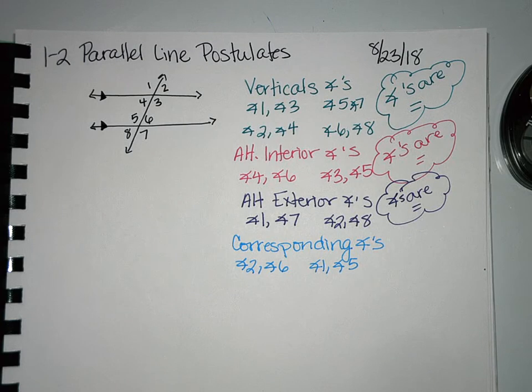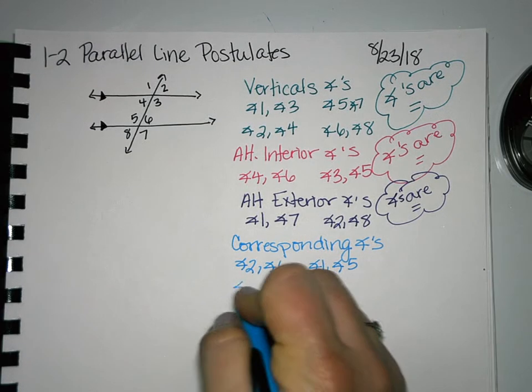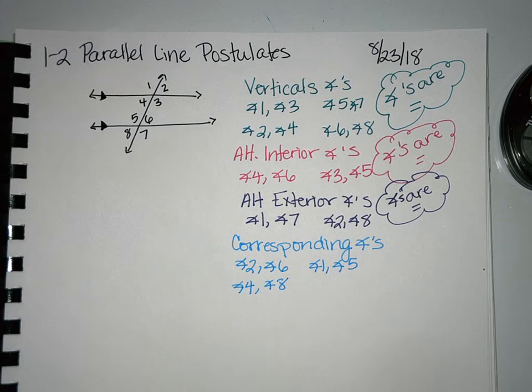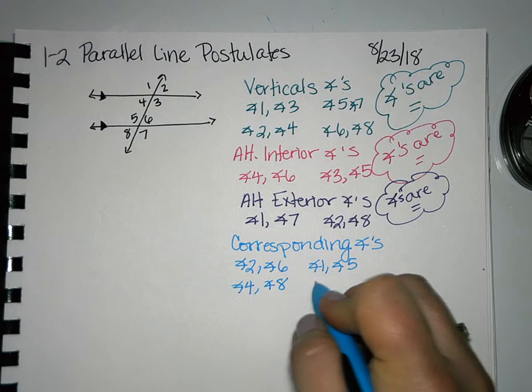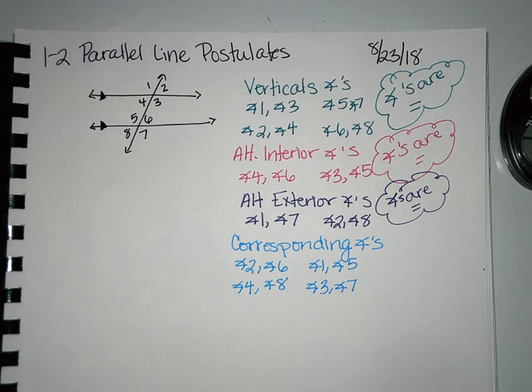Let's go with Rosemary. Angle 4 and angle 8. And one more, Gideon. 3 and 7. So what do we know about the measurement relationship between corresponding angles? They're equal.